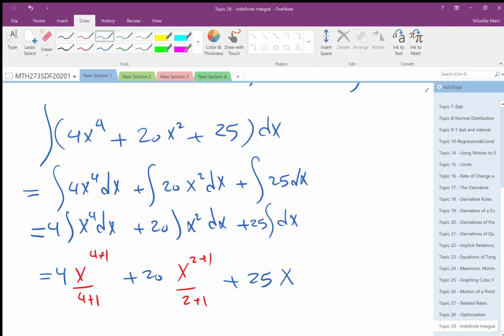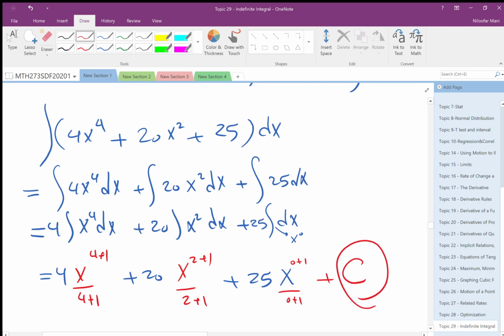Okay, and I can say here I have x power 0. This one is x power 0, so I can say it is x power 0 plus 1 divided by 0 plus 1 and plus c.